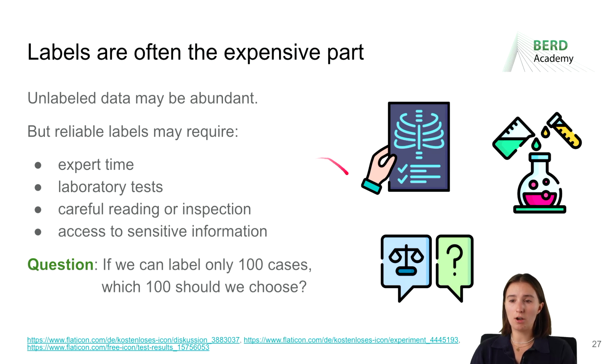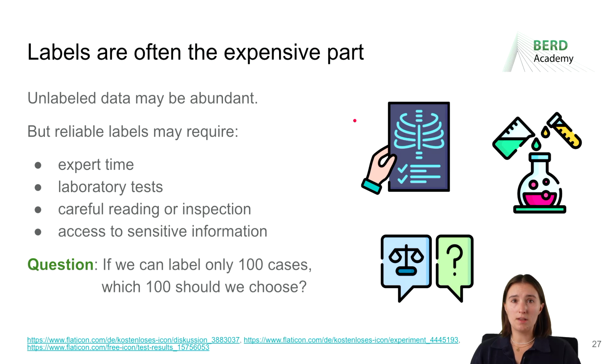For example, if we're in a hospital, maybe there are many examples somewhere on paper, but we really need to scan them or get a doctor to actually write down whatever they see on an X-ray image in a digital way.